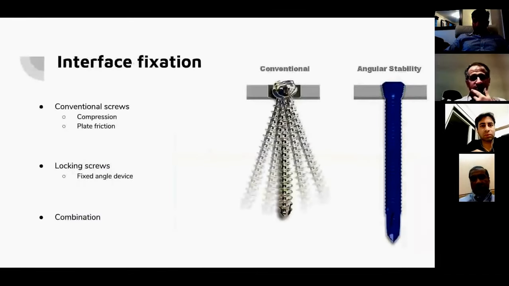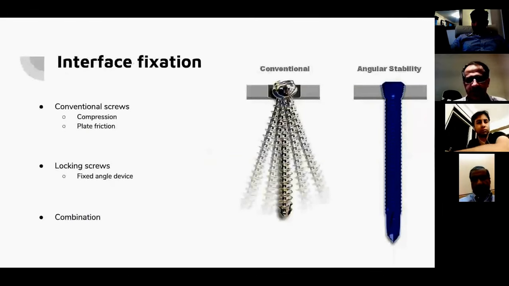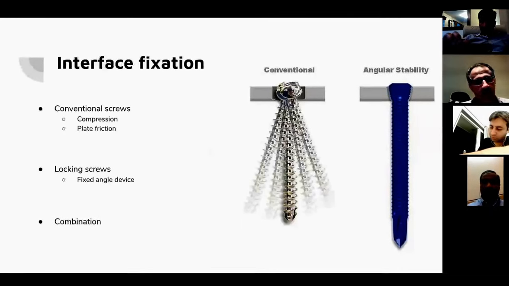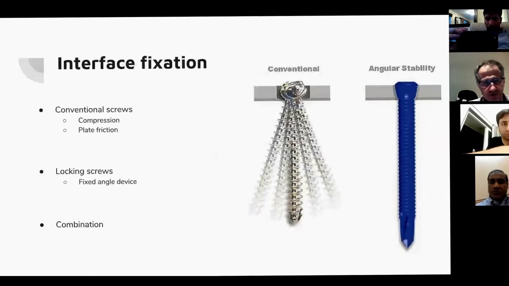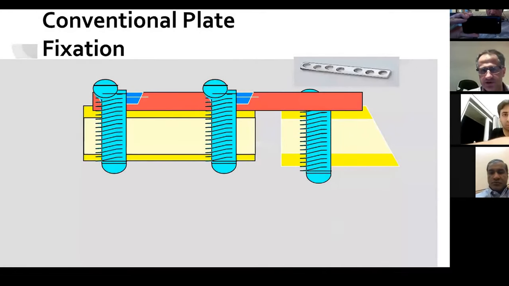Now we move on to interface fixation. We have a choice between conventional and locking screws. The other way to describe them is compression using plate friction versus a fixed angle device, okay? Or you can use them in combination. In a conventional plate, you're dependent on the friction interface between the plate and the bone.